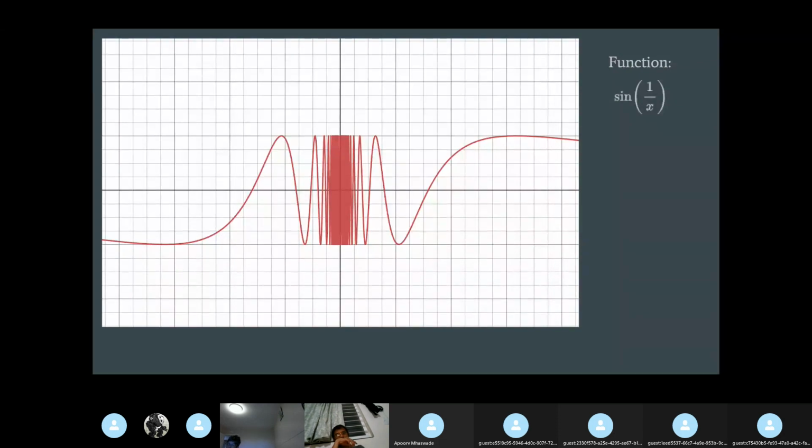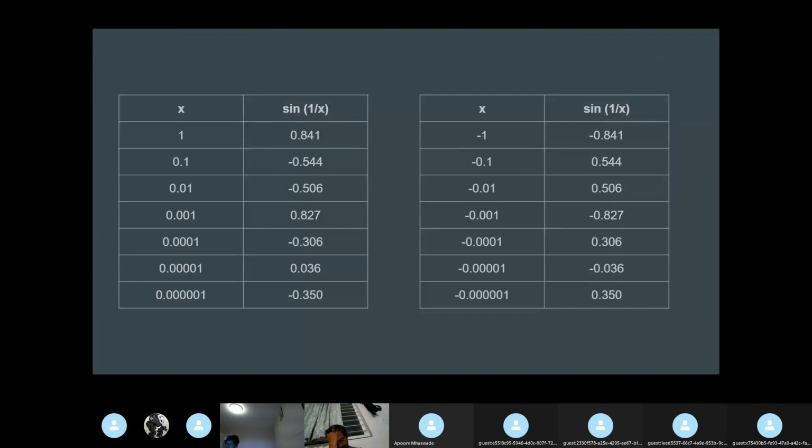Well, I think we can say that the function oscillates more and more rapidly between 1 and -1, the closer you get to 0. And so the value at 0 is unpredictable. We don't even know what it will be based on what we saw in this table.